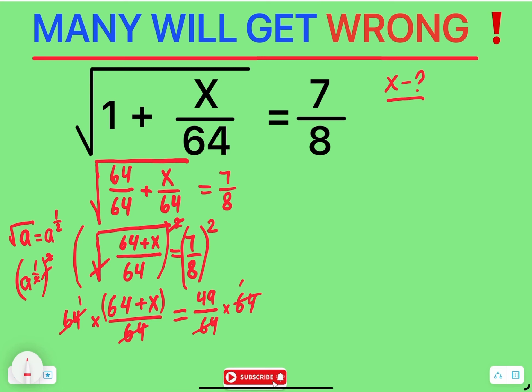Now we have, let's continue from here, 64 plus x equals to 49. Now we have one-step equation. That means we can keep our variable unknown in left side, and in one step we can take this number to the right side.